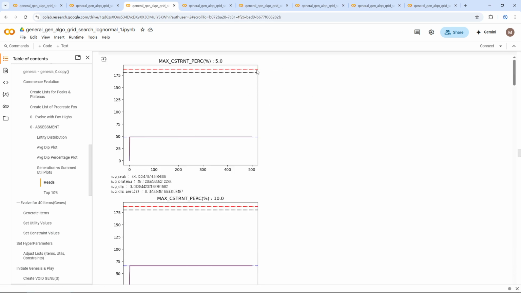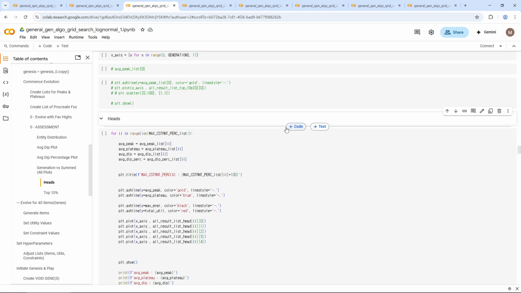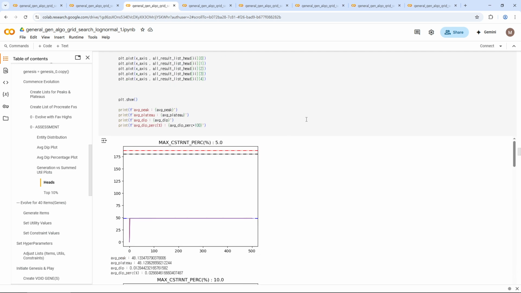Same thing. Now the red lines starting from here mean the total sum of utility values.